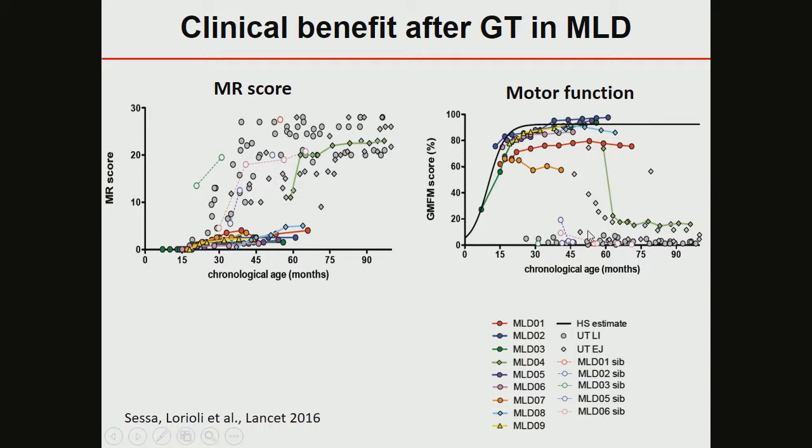They are not able to acquire a motor milestone, and they are regressing, and they progressively lose the capacity to move, to speak, and to eat, and eventually they would die. The patients treated with gene therapy are acquiring a normal or near normal motor function and also cognitive function.